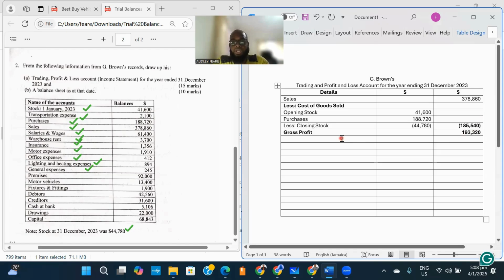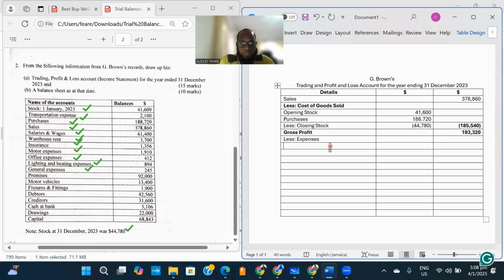All right. Now we need all our expenses. So less expenses. I'm going to list all of the expenses there. So we have 1, 2, 3, 4. Let's just write them down in the order we see them. So we have transportation. The next one we are seeing is salary and wages. The other, we have rent. Then we have insurance.